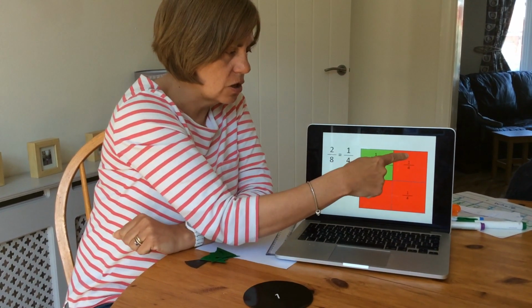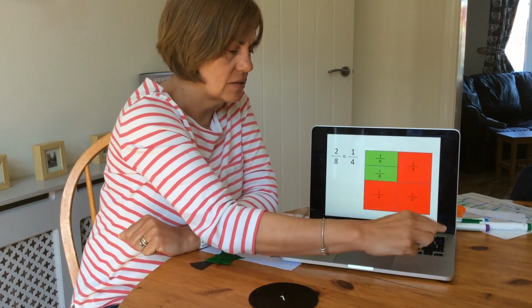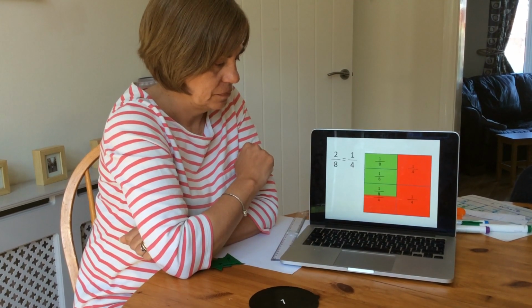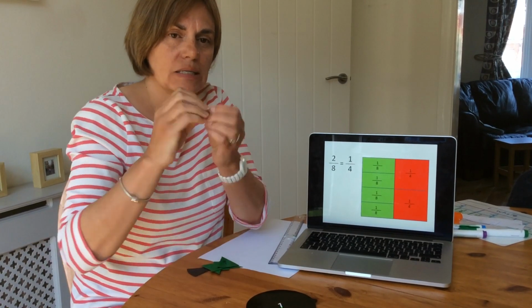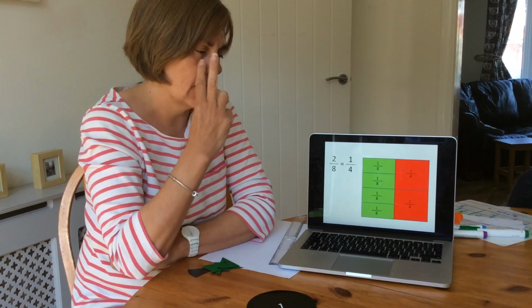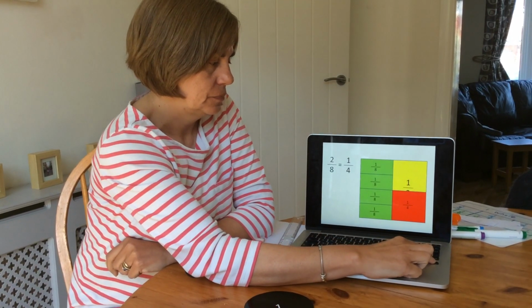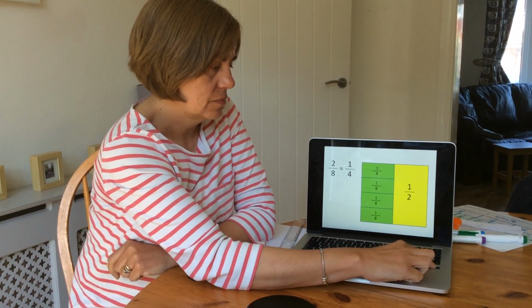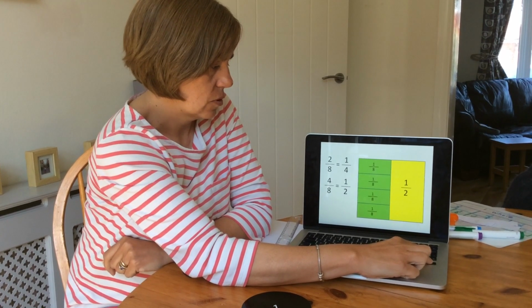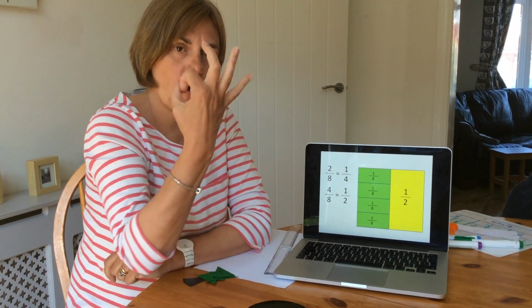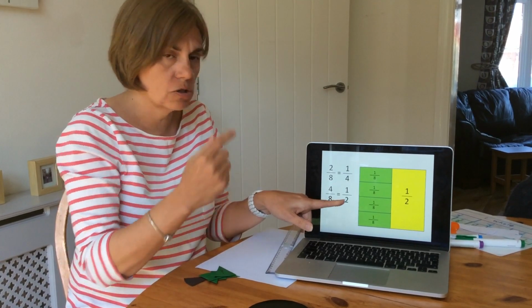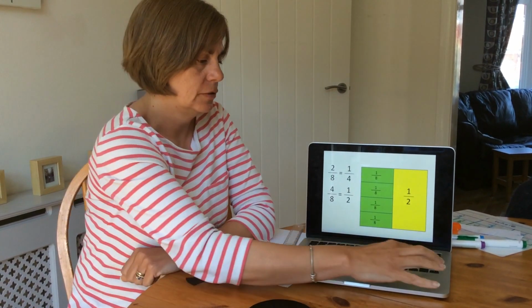How many do you think are going to be in here? Let's see. 1, 2. Wonder how many eighths we will need to make 1 whole. Let's see. Oh! 1, 2, 3, 4 eighths is the same as what? 1 half.